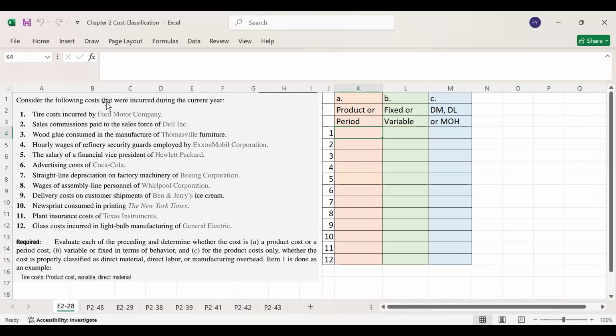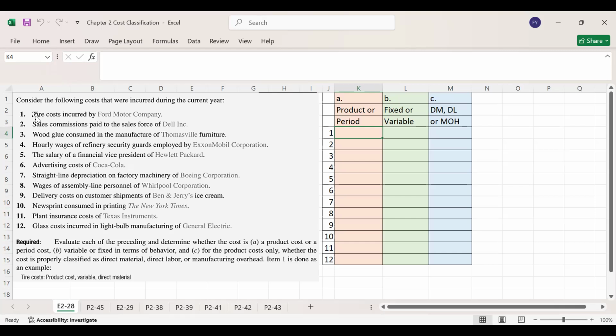Consider the following costs that were incurred during the current year. We have different costs from number 1 to number 12, and what is required is to evaluate each of the preceding and determine whether the cost is a product cost or a period cost. So we will discuss one by one whether these costs are product cost or period cost.